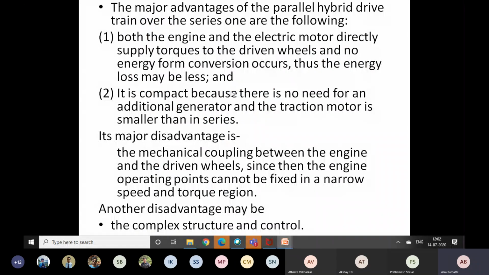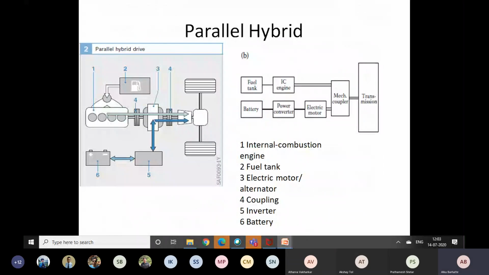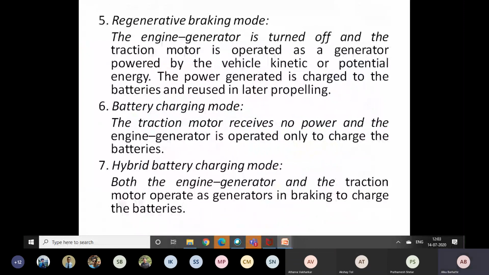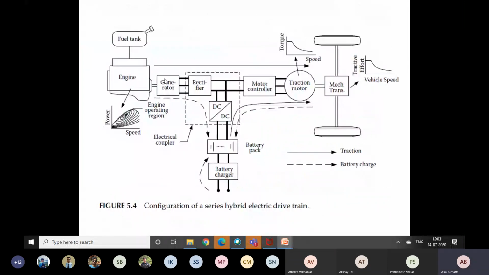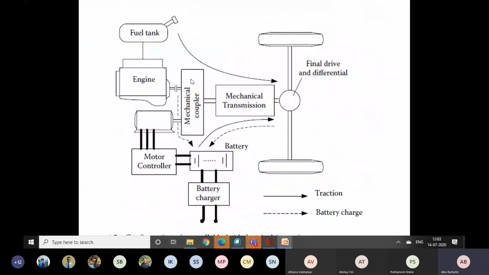It is compact because there is no need for an additional generator. This particular part is the existing generator in the series one, because of which the energy conversions take place, so this generator part is not existing here. The engine is directly coupled to this mechanical coupler, which does the job of torque multiplication or speed increase.